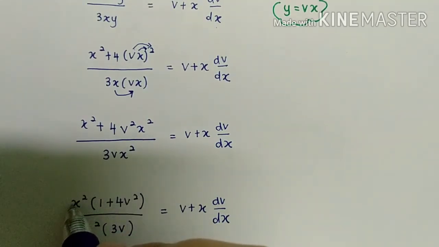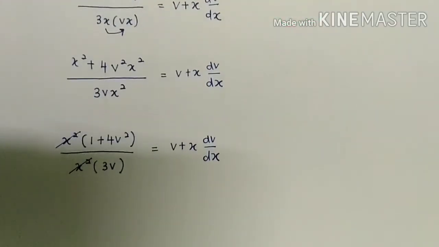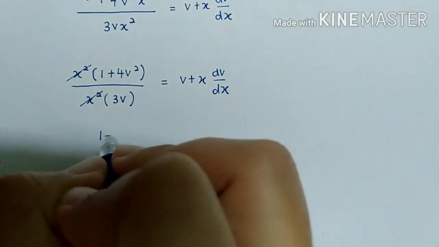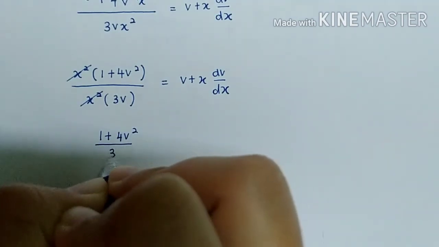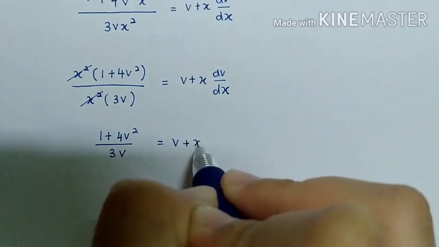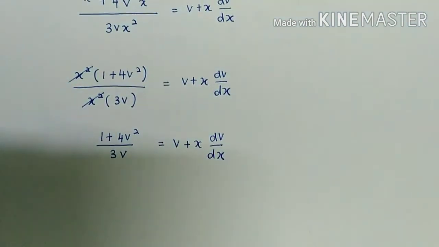Then we can cancel out x squared and x squared. So we have 1 plus 4v squared over 3v equals v plus x dv/dx.